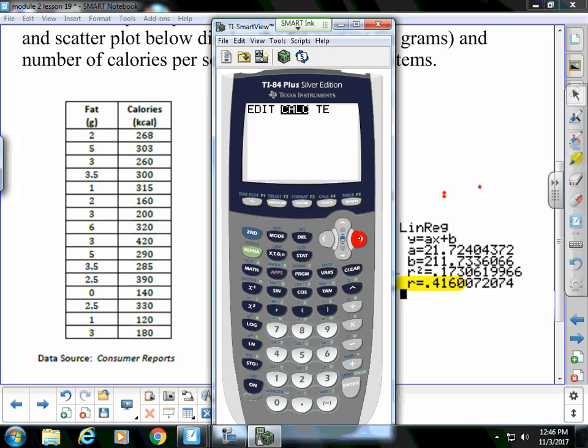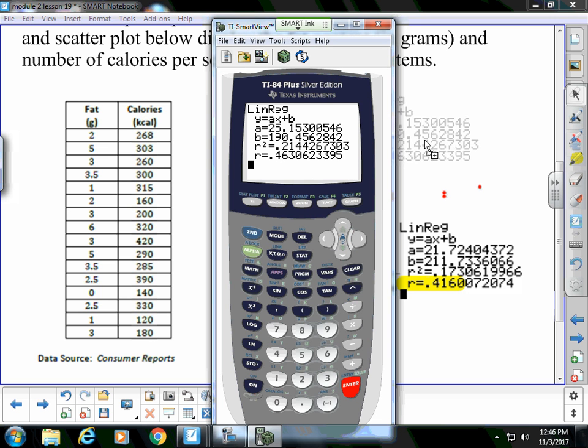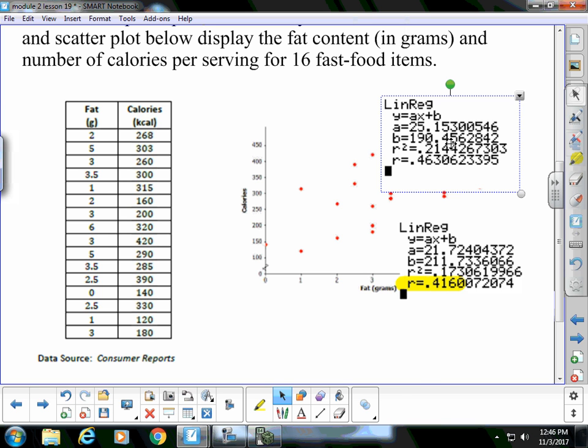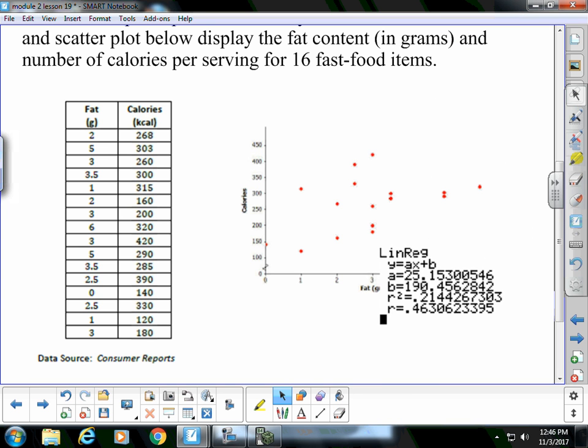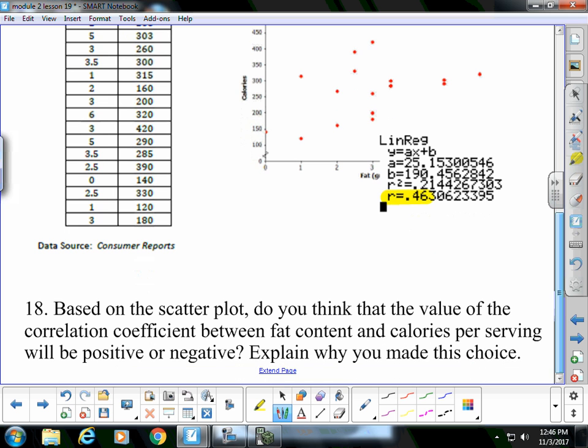Stat, help, and number 4, enter. Oh, it's still only coming out to about 0.4. Okay, it's a little higher, but not much at all. Okay, I'm really surprised by this actually. It's only coming out to about 0.46. So it says, based on the scatter plot, do you think the value of the correlation coefficient between fat content and calories per serving would be positive or negative?